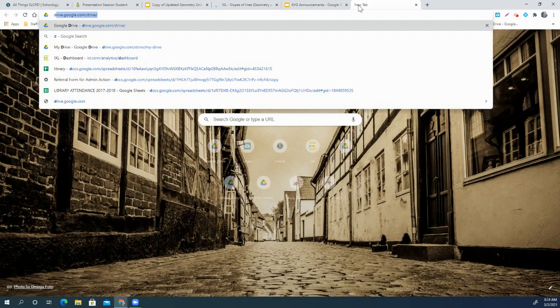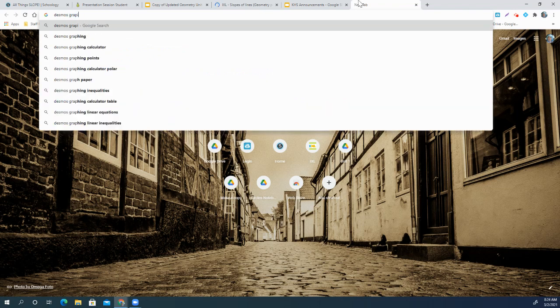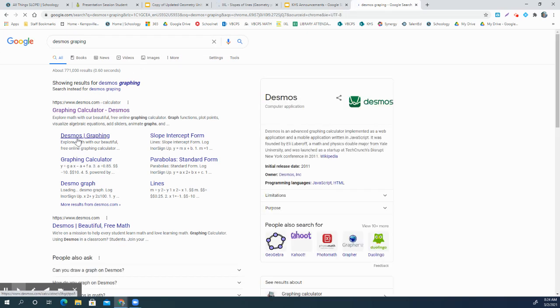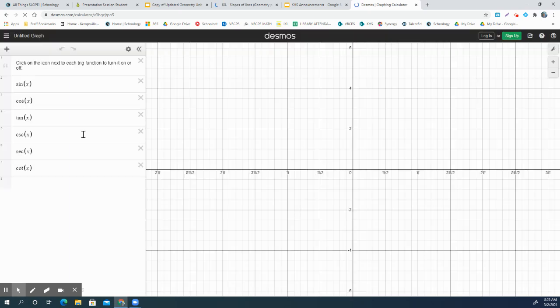So if it gives you an equation, open your Desmos graphing calculator. And you can put in, oh, why did it give me all of these things?